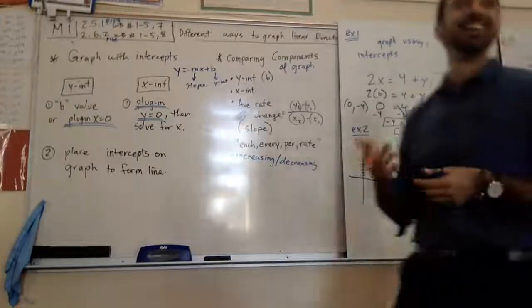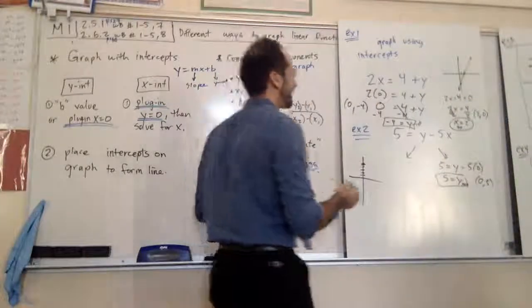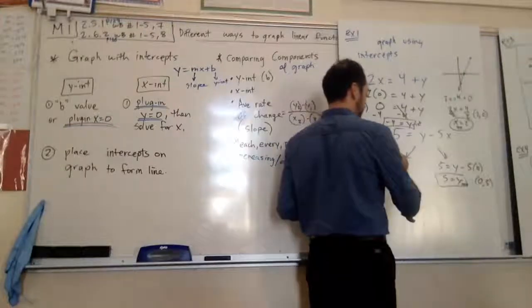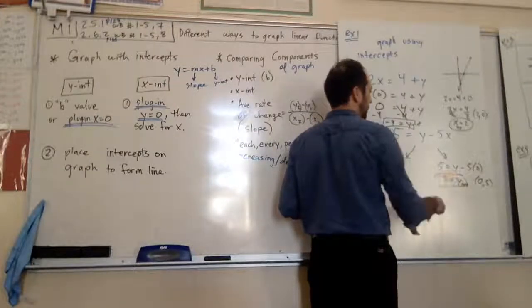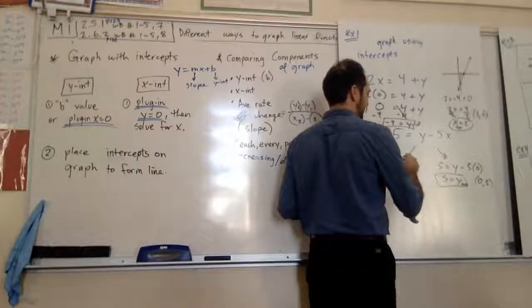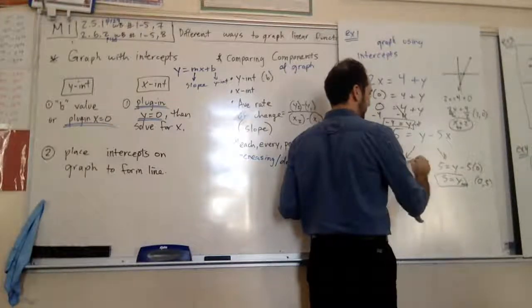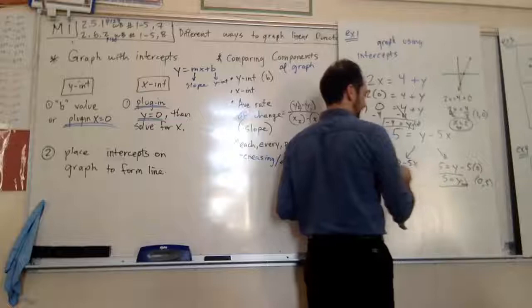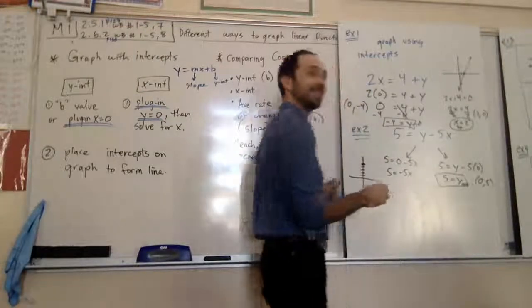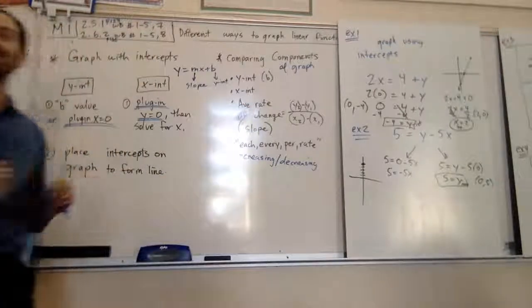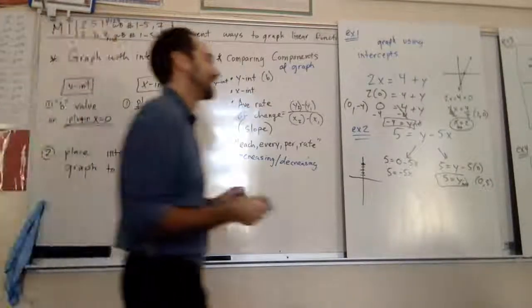Yeah. Basically, so you plug in 0 for, which one did we just do? We did where we plugged in for x. Okay, yeah, you plug in the y. Perfect. And then you get like 5 equals 0 minus 5x, and then you divide by negative 5.